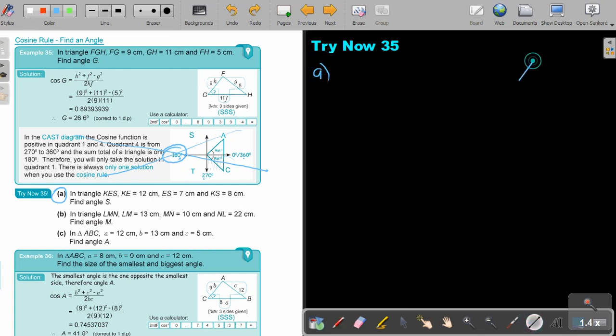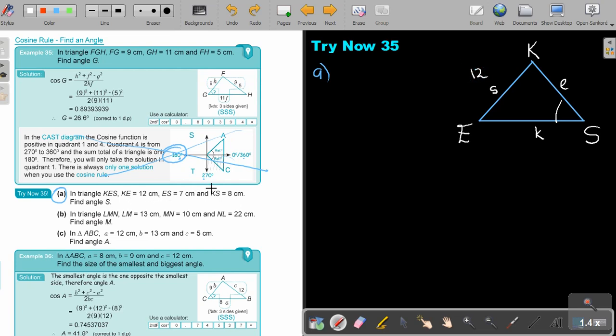Again, let's start by making a sketch. So this is E, this is K, this is S, and they are looking for angle S. They're giving you the sides: KE is 12, ES is 7, and KS is 8.